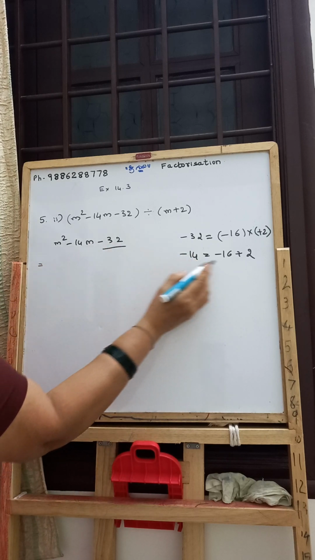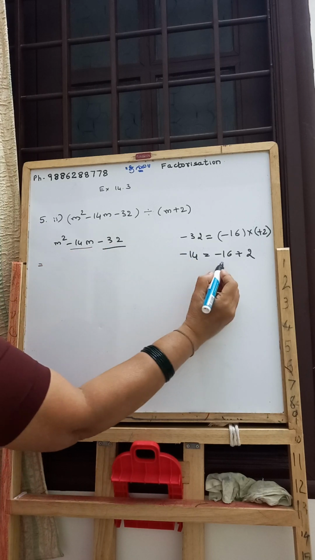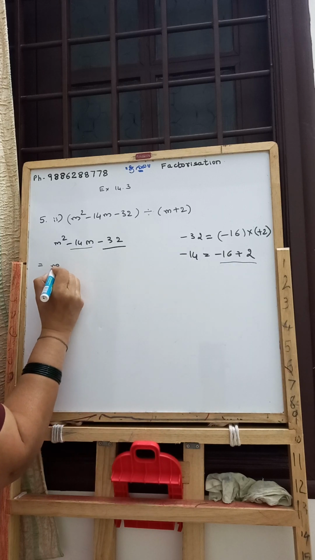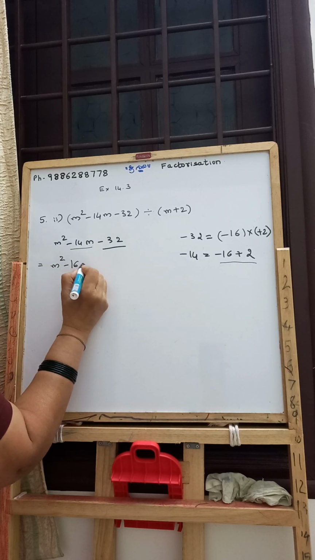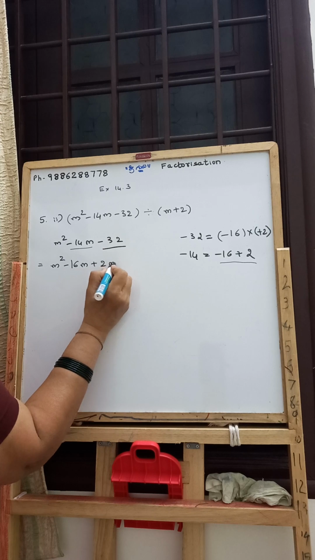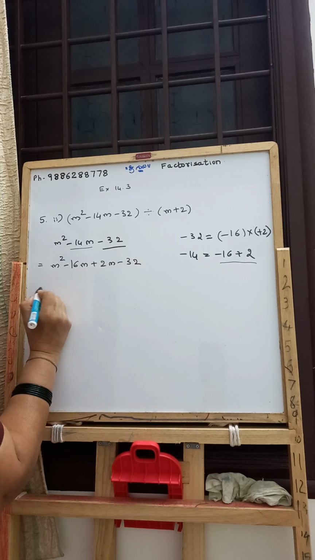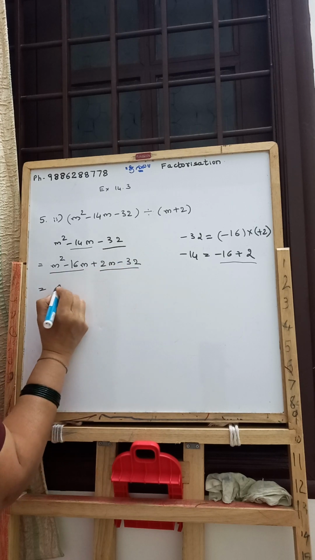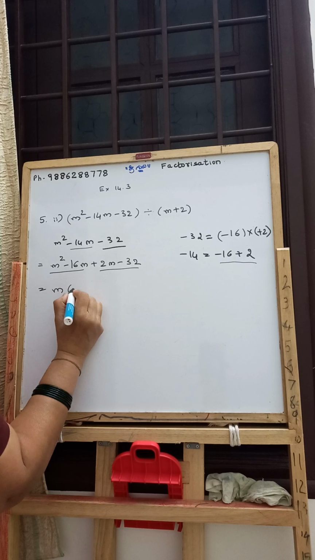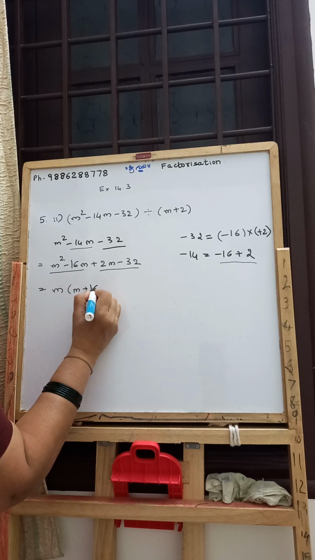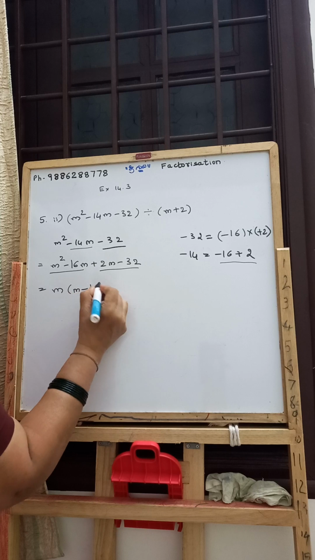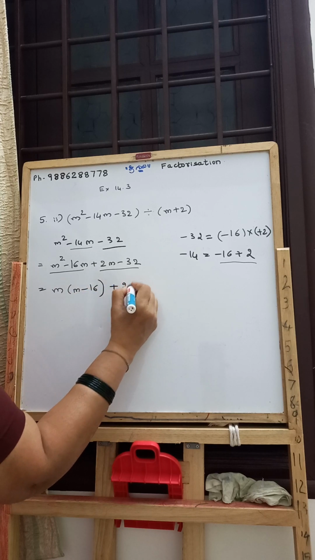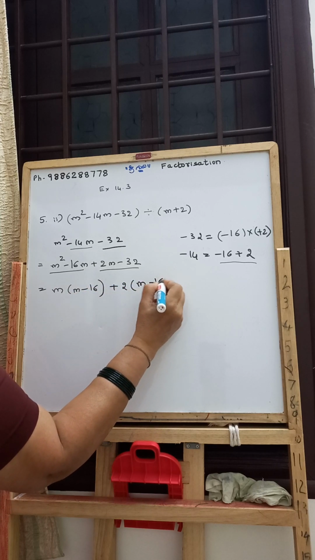This is equal to, and split the middle term as m square minus 16m plus 2m minus 32. By grouping the terms, we are left with m into bracket m minus 16 plus 2 into bracket m minus 16.